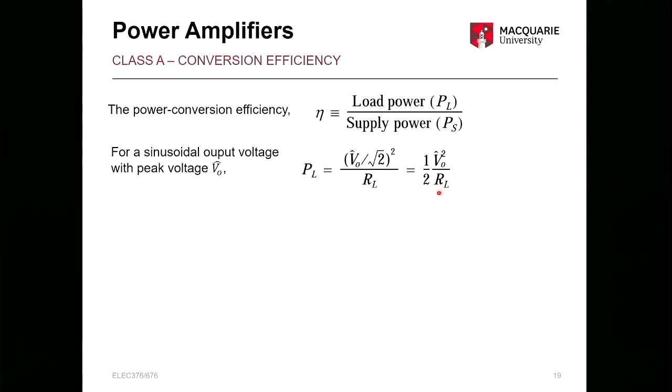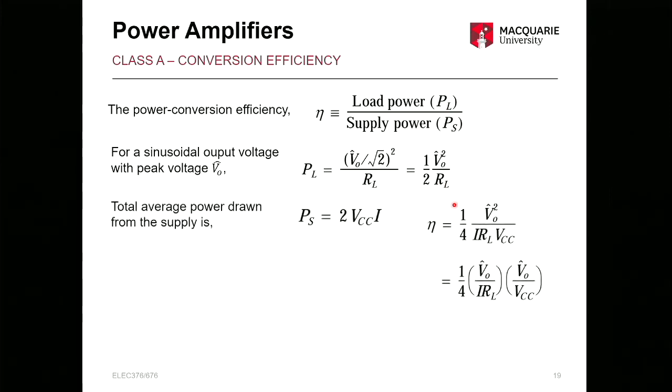So that's your power delivered to your load. The power drawn by the supply, we just worked out. It's just the VCC times I, and you have the two transistors in this case, so it's 2 VCCI. That's your total power. So you can just do one of these divided by the other, which gets you your equation here for efficiency.